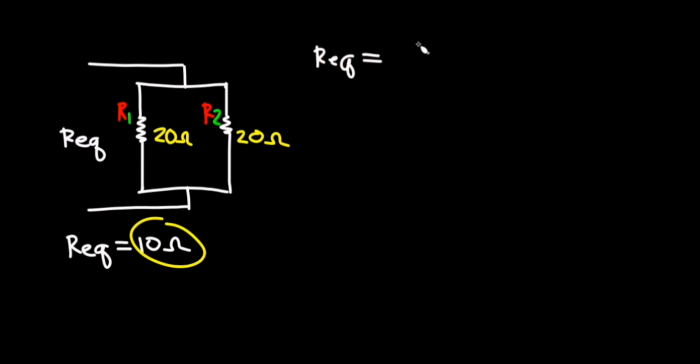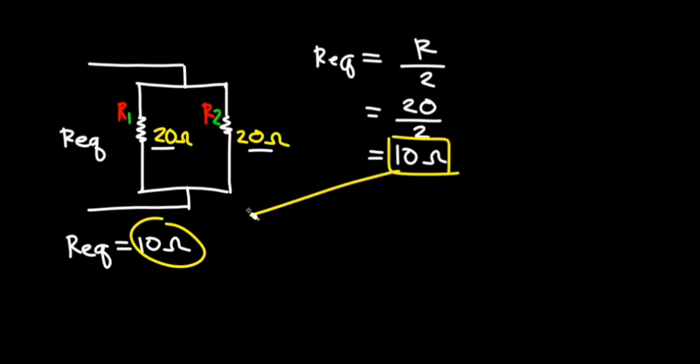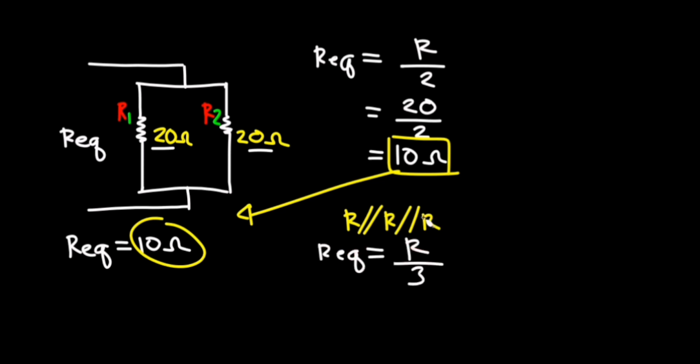The formula will be R divided by 2, or it is simply half of the value of the resistor. In case we have three parallel resistors with the same value, the formula will be R divided by 3.